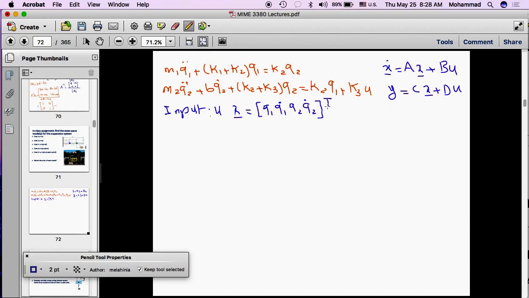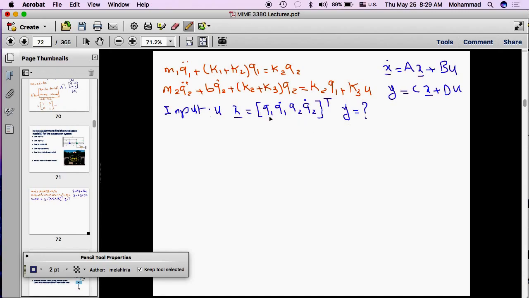So far we talked about the input, the state vector, and now it's time to discuss and decide about the output. So what could be the output of this system? So that tells us what y is. So how do we know? How do we choose the output? Of course, it depends on the purpose of the modeling, but there is a limited number of selections that we could have.